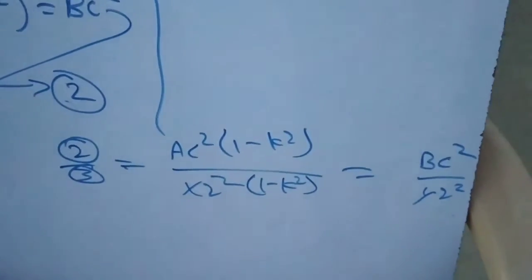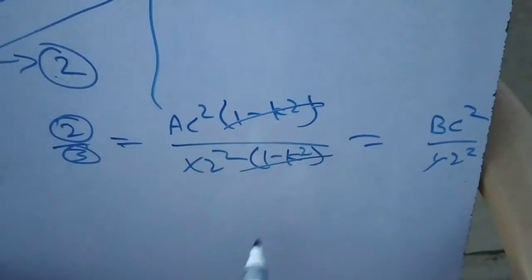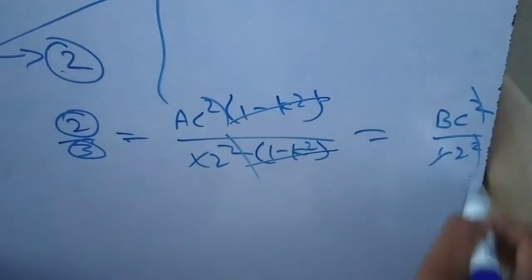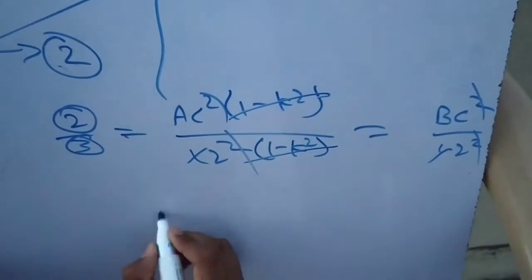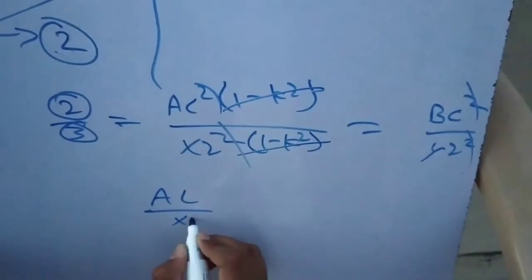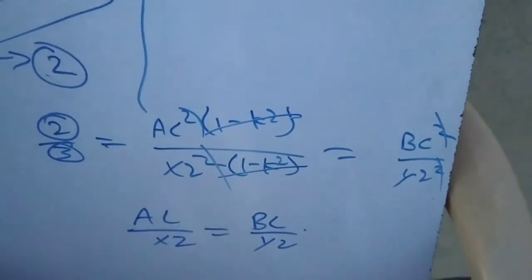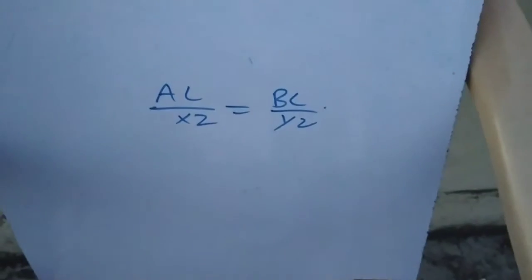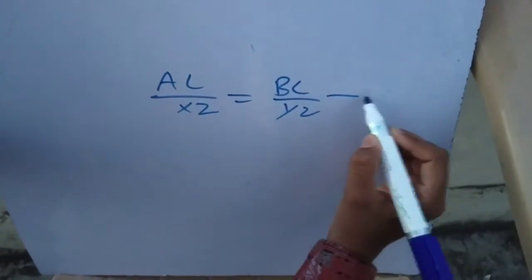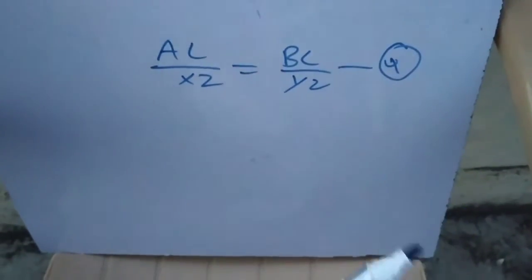Okay, so 1 minus K square cancels, and the squares cancel. So AC by XZ is equal to BC by YZ. Friends, let it be 4.